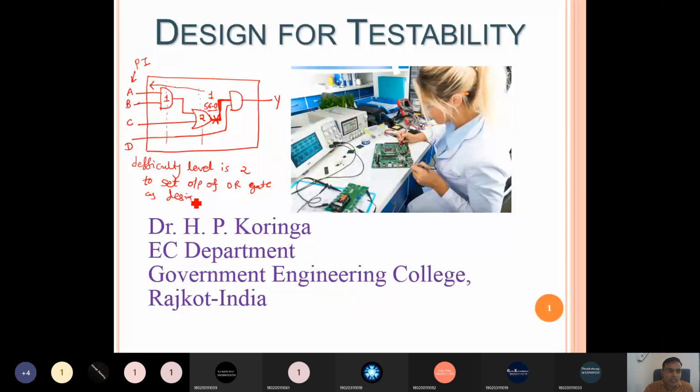To set the output of the OR gate at the desired logic, we pass through these two stages and then reach the primary input through which we can set it. This is a combinational design, but with a sequential design it is more difficult to set, because in a sequential design the next-state output depends on the present state and everything else we have to consider. So this is called controllability.